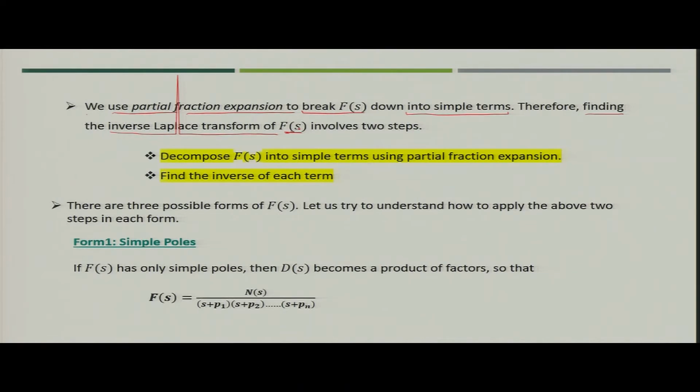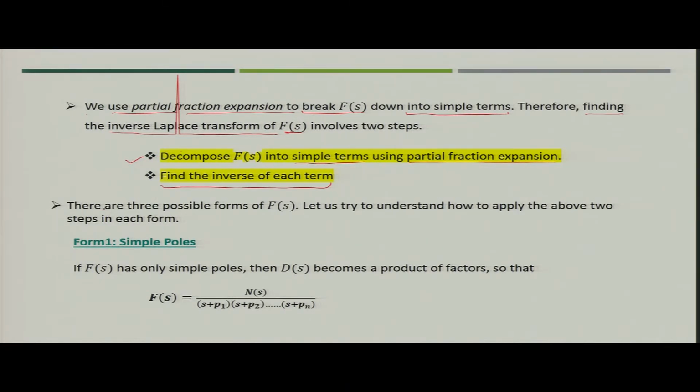So, what are the steps involved in the computation of the inverse Laplace transform? We use two steps. First, we decompose the function F(s) into simple terms using partial fraction expansion, and then we find the inverse Laplace transform of each term found in the first step.